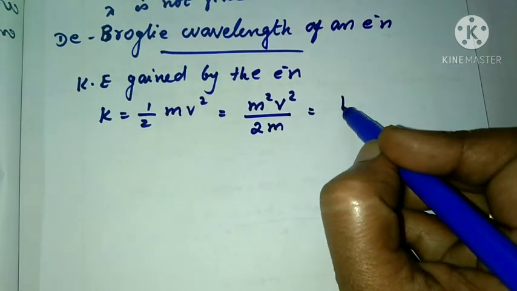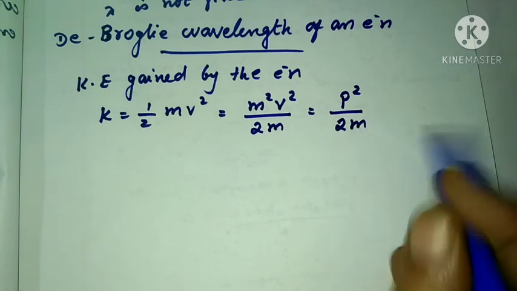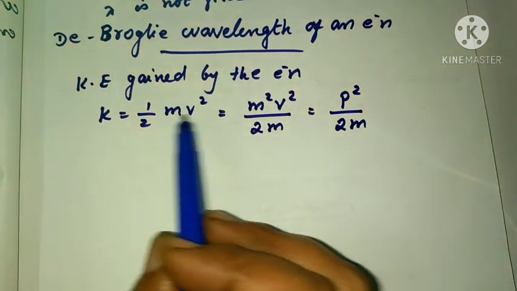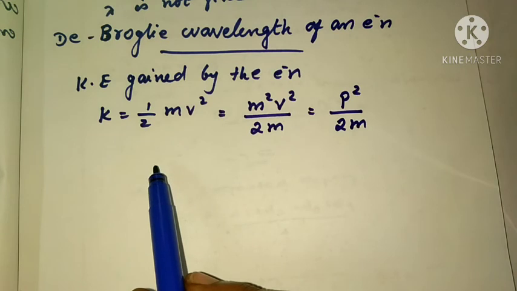So that is equal to p square divided by 2m. So kinetic energy in terms of momentum, p square by 2m. So from this equation you find out the de Broglie wavelength lambda. Then the kinetic energy is equal to the work done on the electron by the electric field.